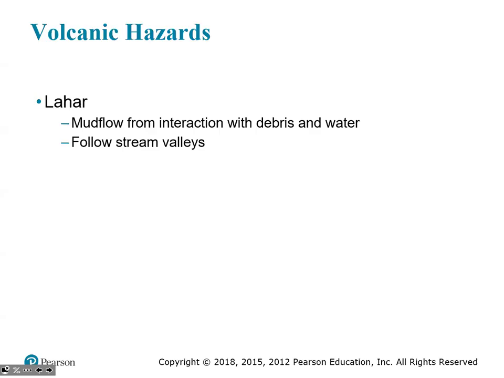But you can also get sudden violent lahars after an eruption, where you get rain, which turns the volcanic debris on the slope into mud, and it flows down the slope. And this is a mud flow, it's debris and water, it follows stream valleys.